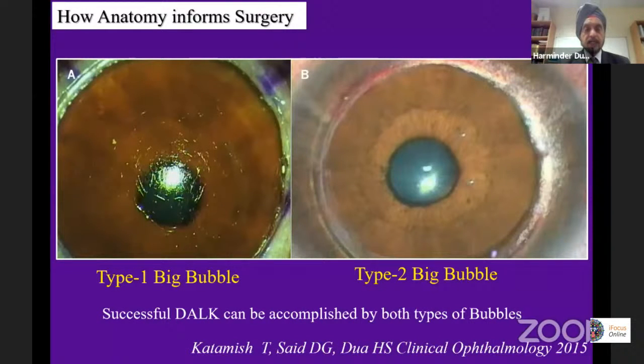Now, coming to how anatomy informs surgery, by looking at the two, you can tell this is a type 1 bubble because it has this rough surface due to the anterior stromal fibers that you see on the Pre-Descemet layer, compared to the Descemet, which is completely homogeneous and monotonous, and there is no fiber attachment. So you can immediately tell which type of bubble you've got. It's very important because this type of bubble is very vulnerable to lots of problems, as you'll see in a second.